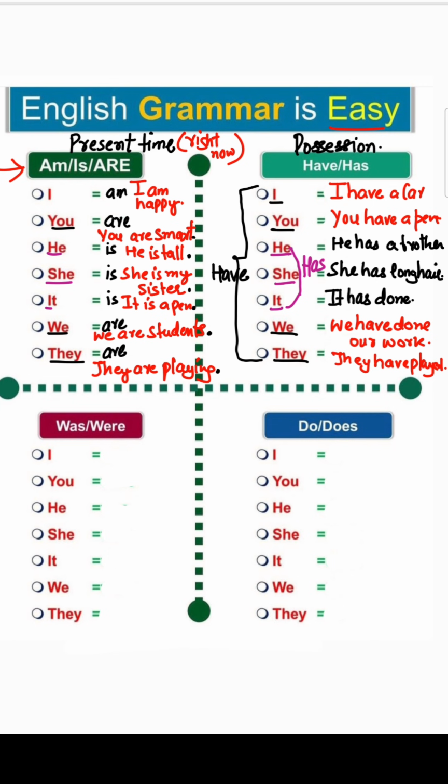Next, was or were. We use these for past time. Past time means something that happened before.